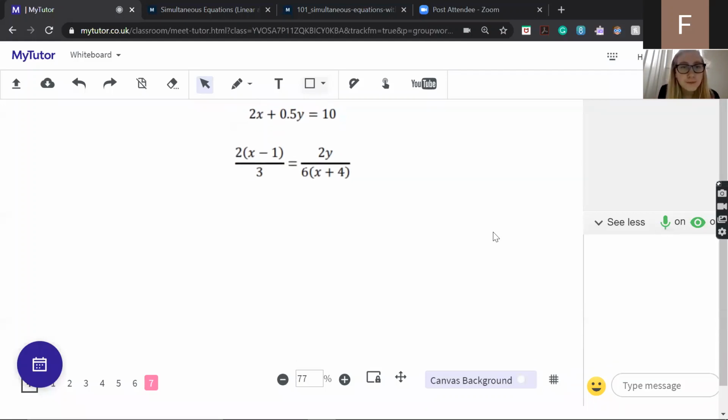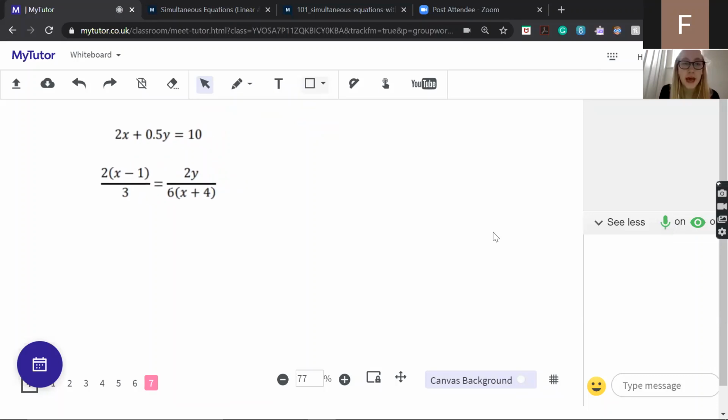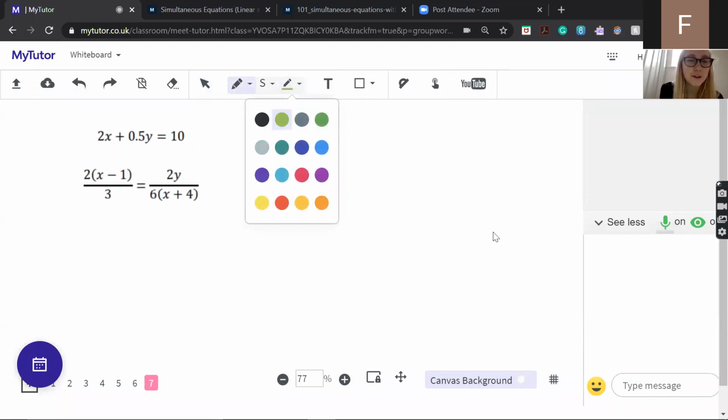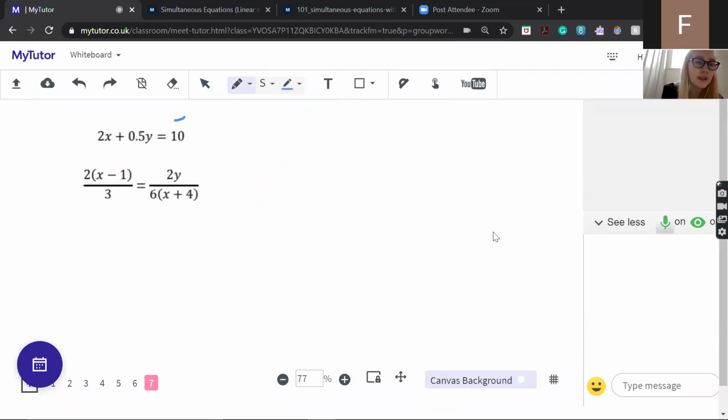So we're going to do exactly what we did before and make each of these equations look a bit nicer. We'll start with this one. Now we could leave this one as it is, but it's much nicer for us if we work with whole numbers rather than fractions or decimals.